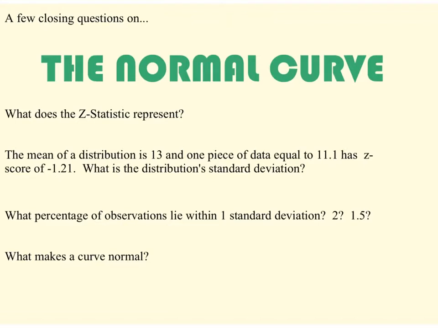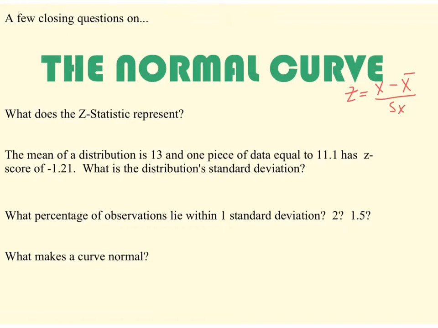So what does the Z statistic represent? Well, first, maybe we should just write down the Z formula one more time. Z is equal to score minus the mean; for us, we've been doing a sample mean and then a sample deviation. Remember, we talked about the fact you could also do this with a mu, a Greek letter mu, which means the population mean, and therefore sigma would be the population deviation.